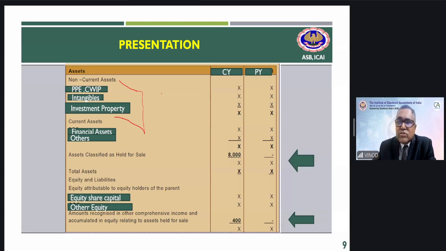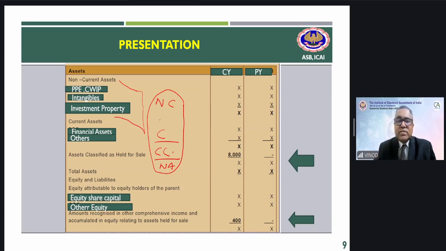Now, if you're dealing with disposal groups, say a CGU based in Mumbai, I'm selling a factory in Mumbai, the factory would also have non-current assets and current assets, less current liabilities. So there'll be net assets in the factory. So a disposal group means you will consider items outside this Ind AS also.